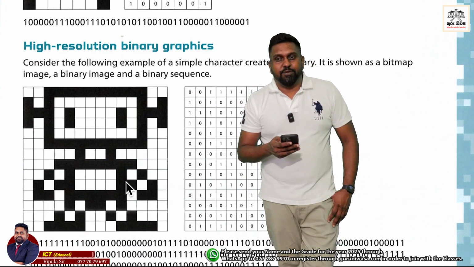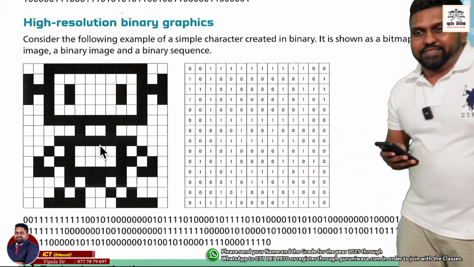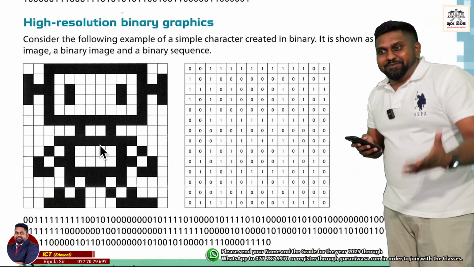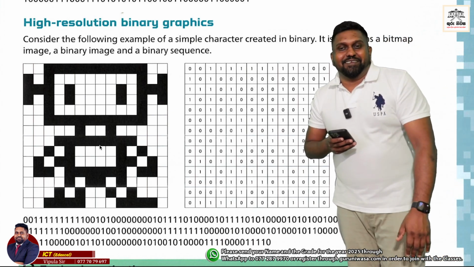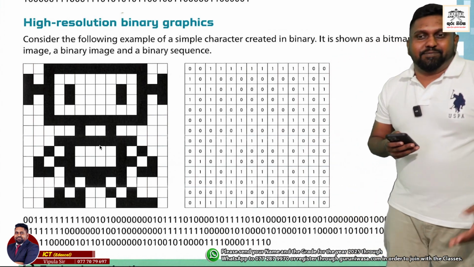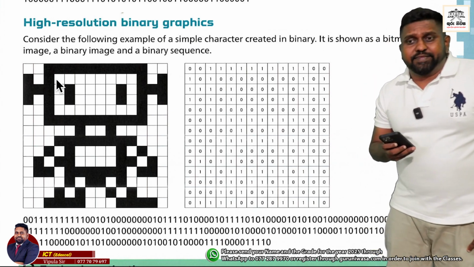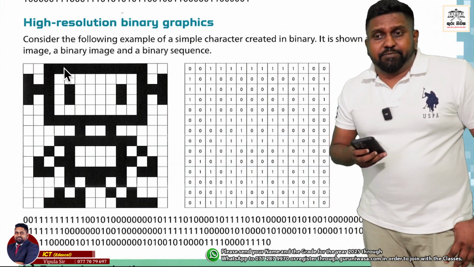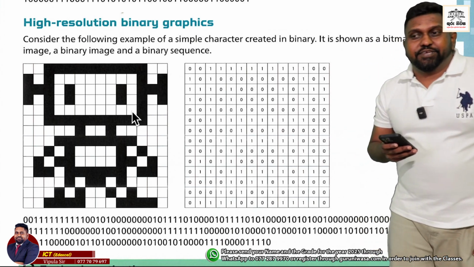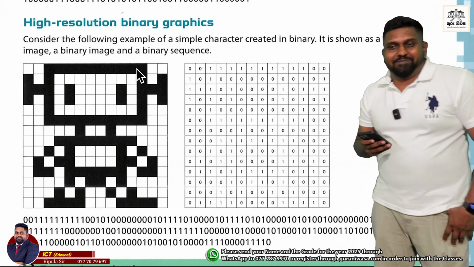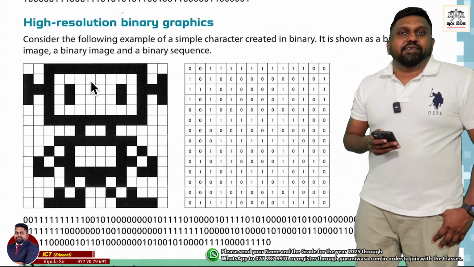We can also go forward with high resolution graphics, something similar to what you drew right now. This also has a high number of pixels, and it has different colors representing each particular point. This is how you add the details.